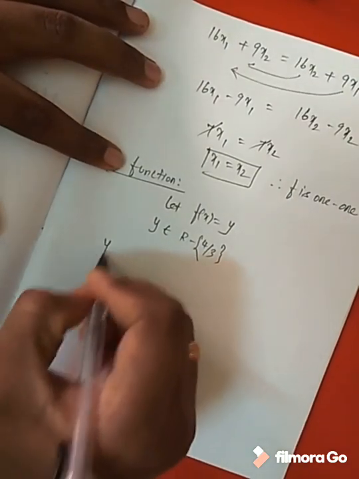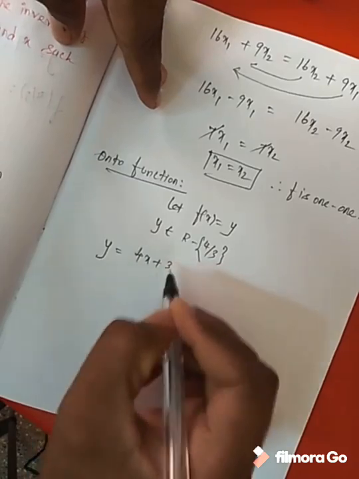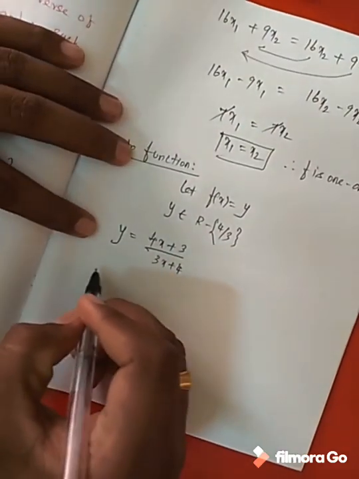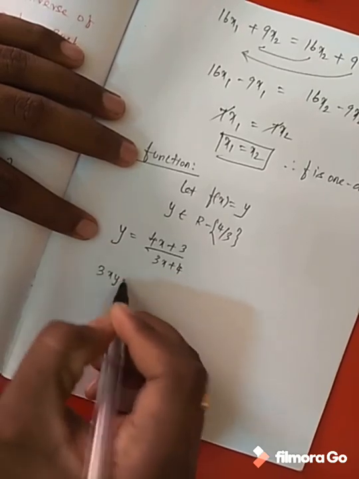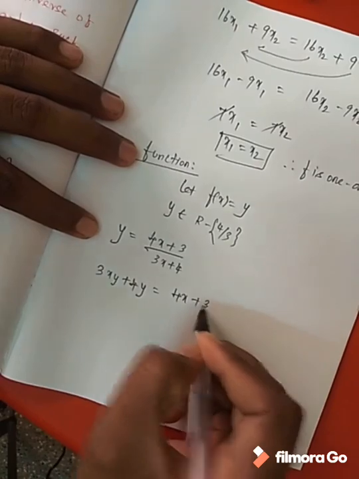So y is equal to (4x plus 3) by (3x plus 4). We do cross multiplication, 3xy plus 4y is equal to 4x plus 3.